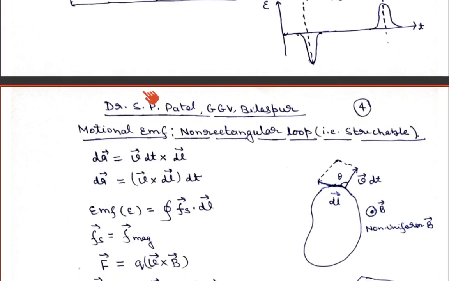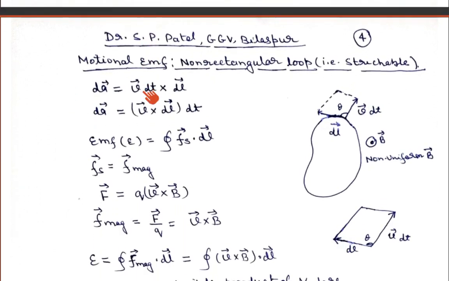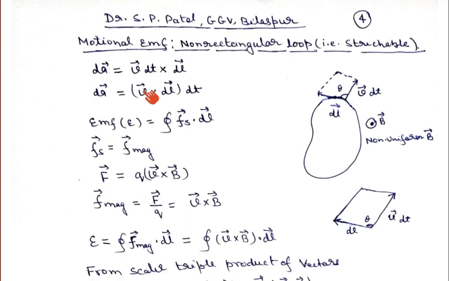Now I will take another example of motional EMF, but where the loop is not defined. Maybe the loop is stretchable, a non-rectangular loop, and the circuit is also moving.